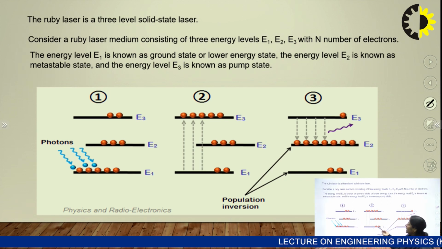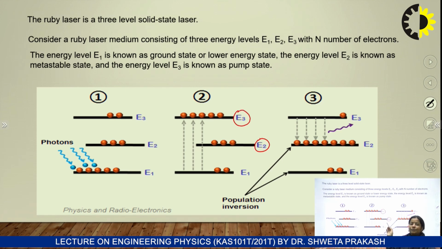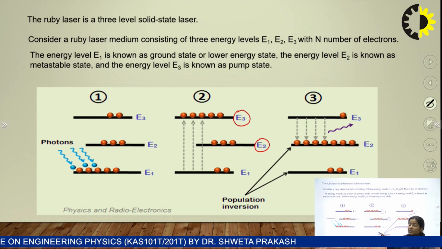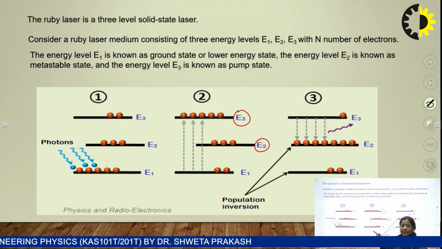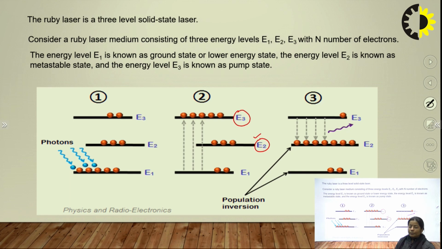Some of the atoms move to this higher energy level, which is E2, and the remaining atoms move to the other higher energy level, which is E3. Since E3 is at a higher level as compared to E2, we can call it the excited level or the excited energy state. The atoms are moving faster in the excited energy state as compared to E2.